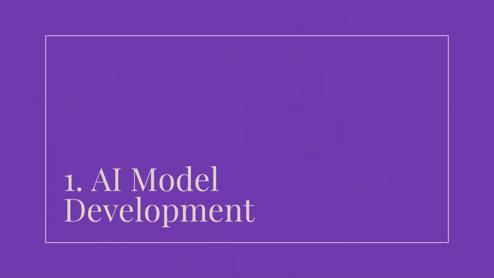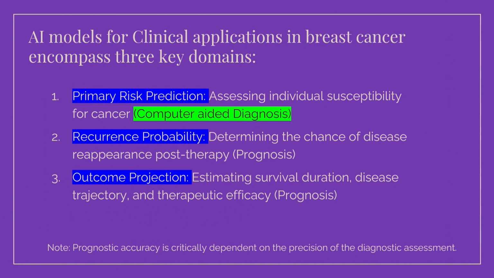Okay, so AI development. Basically, what can AI be used to predict? Number 1, it can predict whether a disease exists or not. Number 2 is to use big data to predict whether a disease prognosis is good or not.